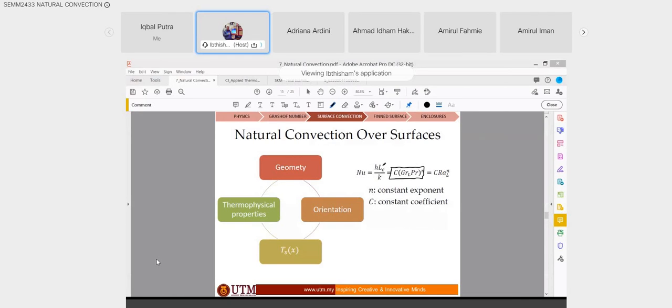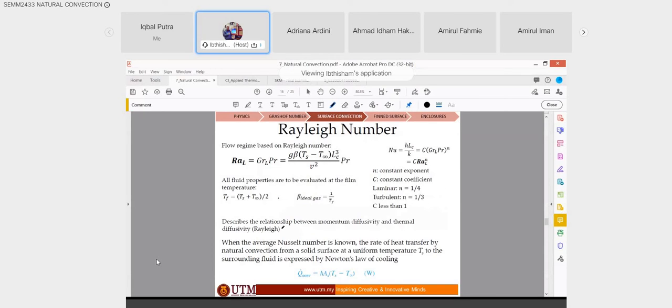But in general, the process is the same. You choose the correct correlation for natural convection, and this is equal to hL divided by k. You know the k value, you know the characteristic length, and you determine the h. This also depends on the geometry, the orientation of your problem, physical properties, and the surface temperature.